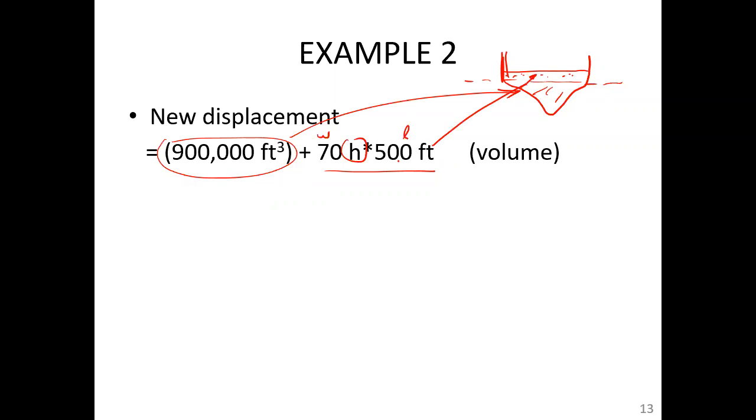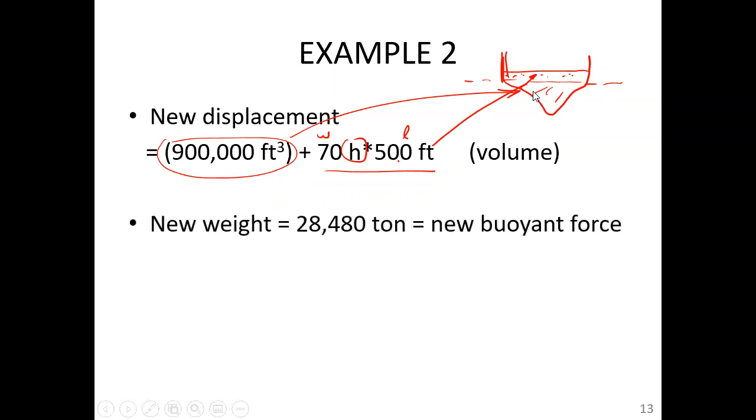So the sum of those two volumes is the total volume displaced when we add the 400 tons. The new weight we just calculated to be 28,480 tons. That's not only the new weight, but remember, for floating objects, the weight of the object floating is equal to the buoyant force. And the buoyant force is the specific weight of the fluid times the volume displaced.